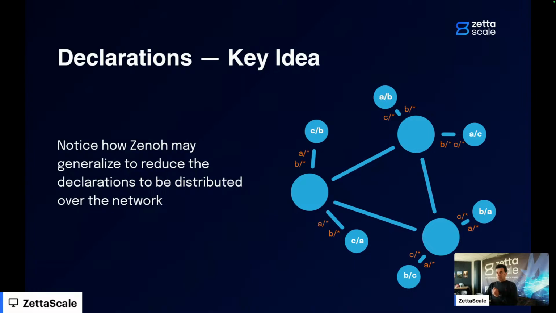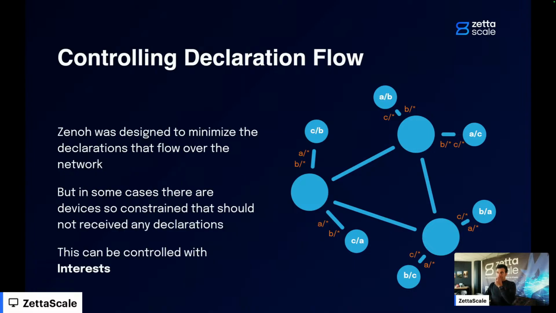Okay. Now, the question is, but hold on a second. That's great, but I really just don't want to receive any declarations. Because if you think for a moment, there are a few reasons why we might want to receive declarations. If I'm someone that routes information like a router, I need to receive declarations, but in fact, even for an application, I need to receive declarations in order to understand, depending on my session, where I need to forward data.